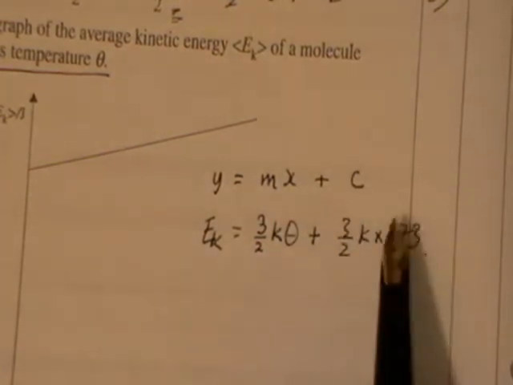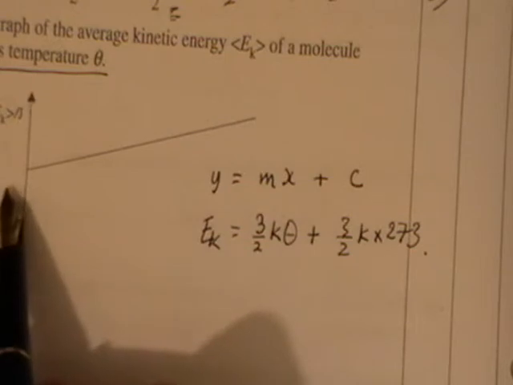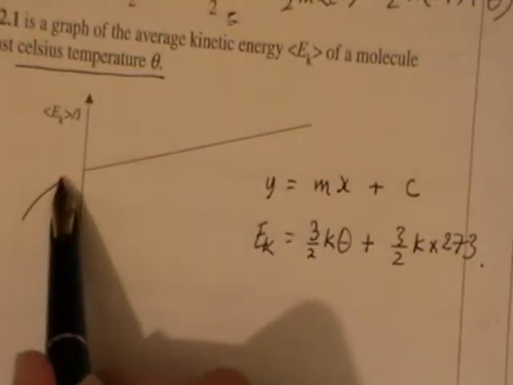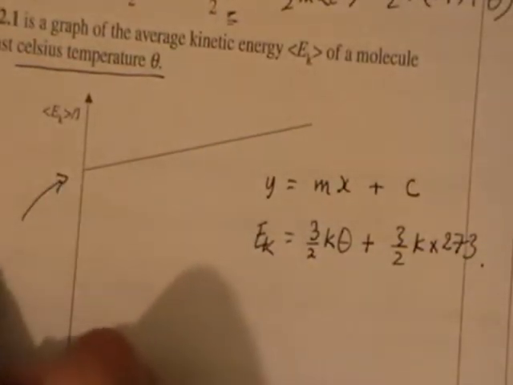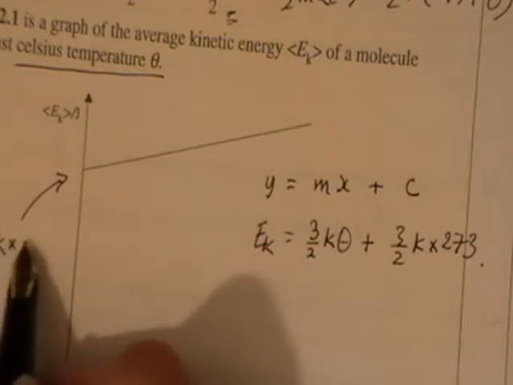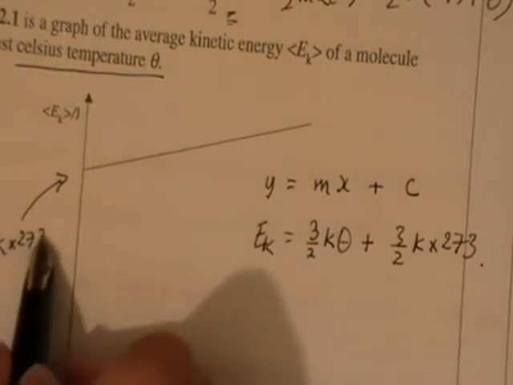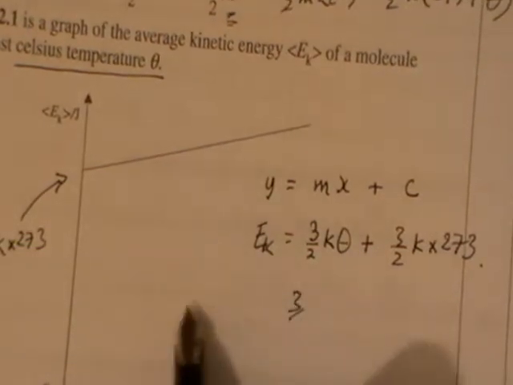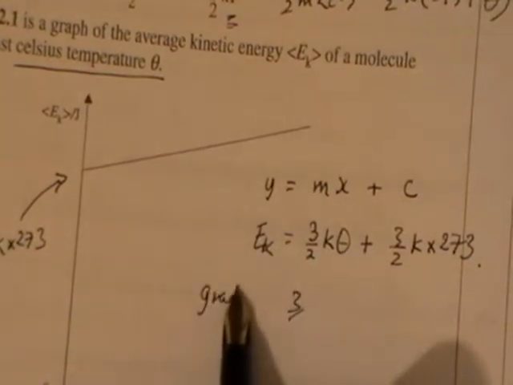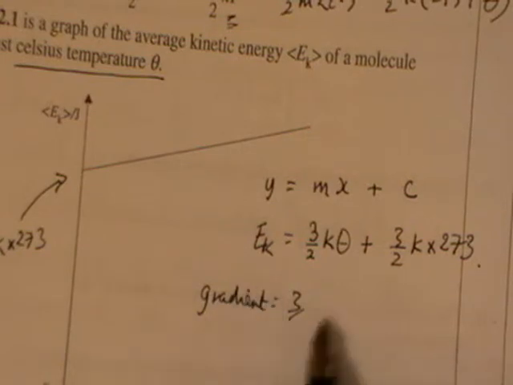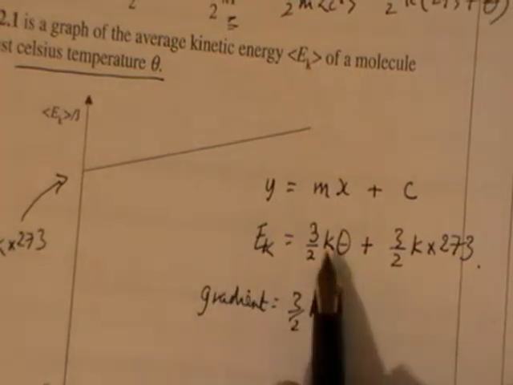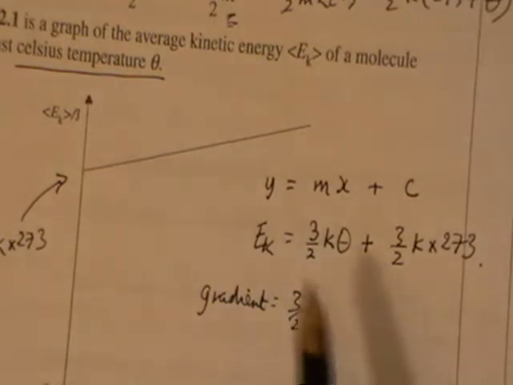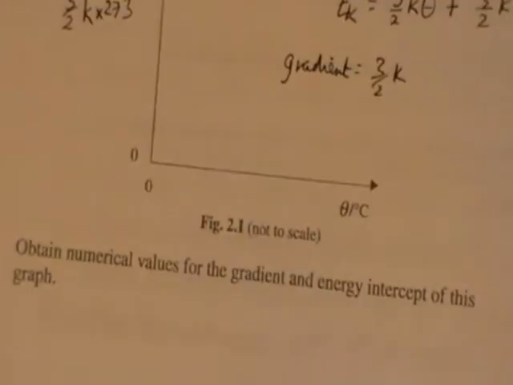So this is c, the intercept here, which is 3 over 2 k times 273, and the gradient is 3 over 2 k, just from up here, that's y equals mx. So obtain numerical values for the gradient and energy intercept.